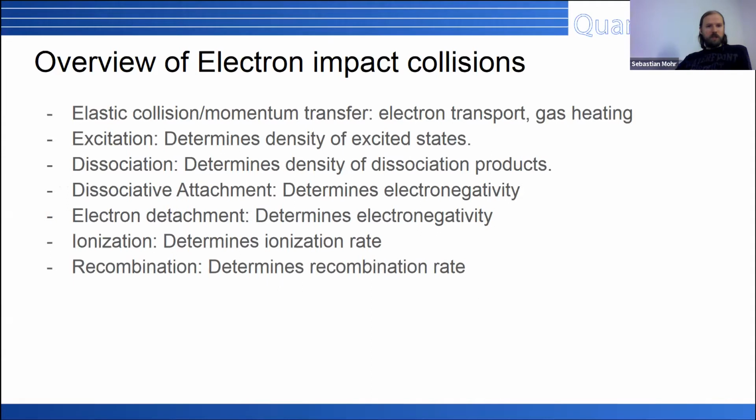For example, you have here elastic collisions or momentum transfer, which are not the same. For example, momentum transfer can also include contributions of other cross-sections. However, what they both have in common is that they mainly impact the electron transport via the resulting collision frequency and contribute to the gas heating.